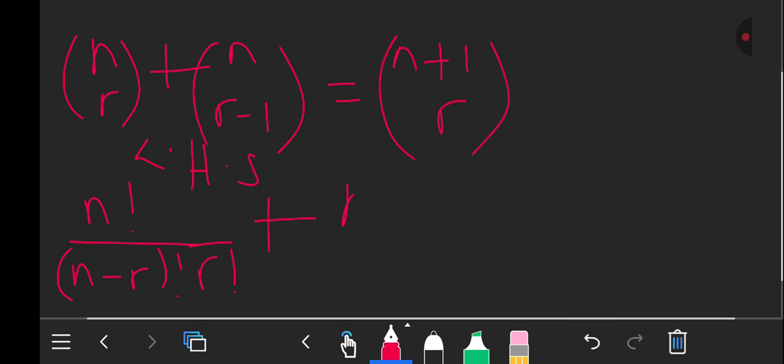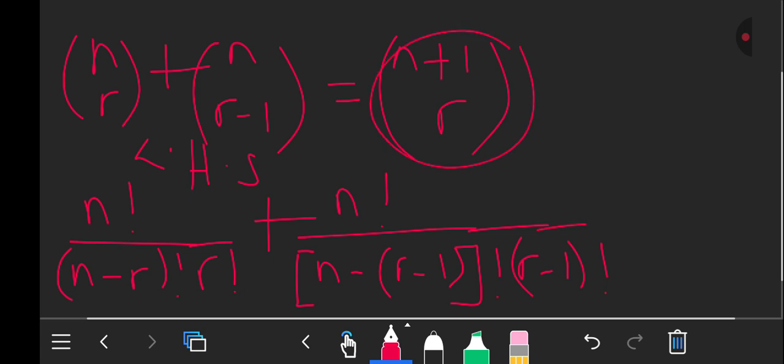This is the same as saying n factorial over n minus (r minus 1) factorial, then r minus 1 factorial. So this is what it means. So we want to get to this point, the right hand side.